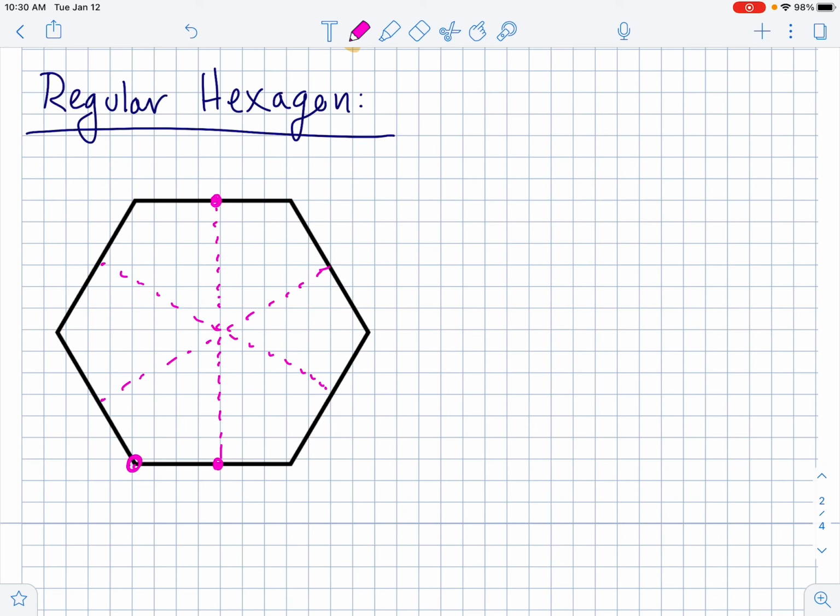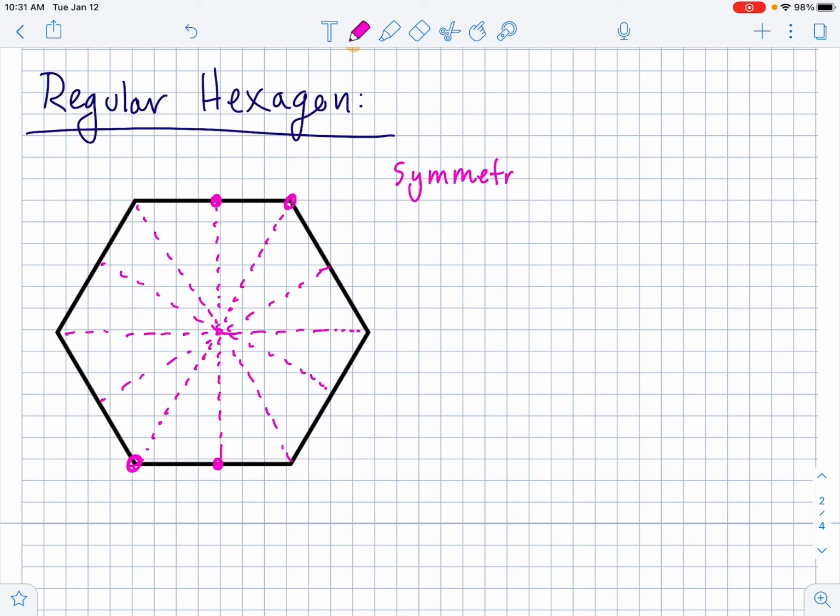But with a hexagon, that's not the only symmetries. You could also connect vertex to vertex. So if I draw a line to opposite vertices, that will also create symmetries. So we have a grand total of 1, 2, 3, 4, 5, 6 symmetries in a hexagon.